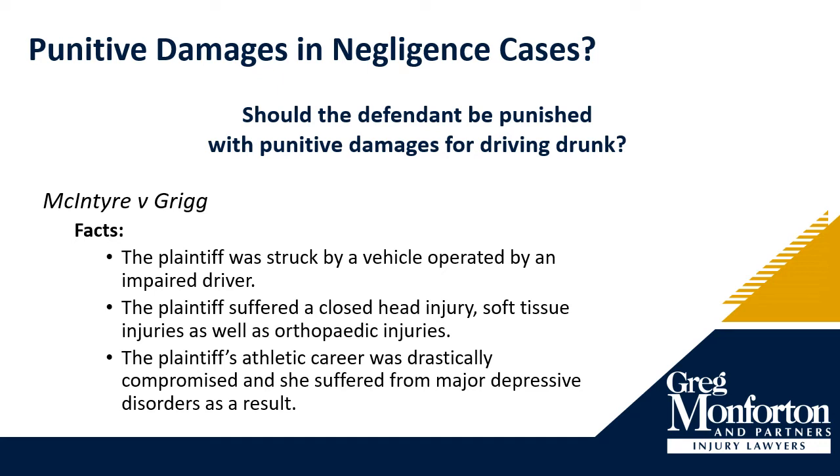At the trial level, the jury found the defendant driver to be 70% liable and the pub 30% liable as a commercial host. The jury also awarded $100,000 in punitive damages as against the pub. Now, the pub then appealed the decision.